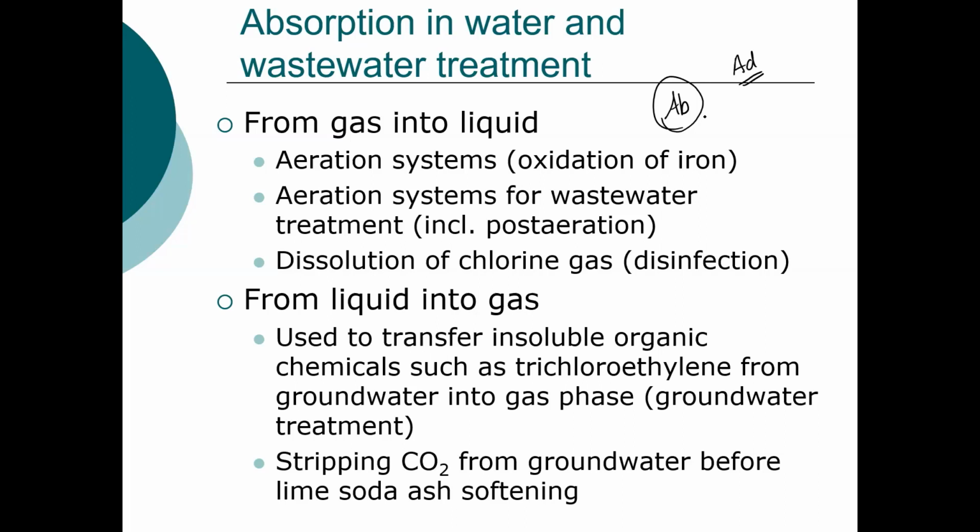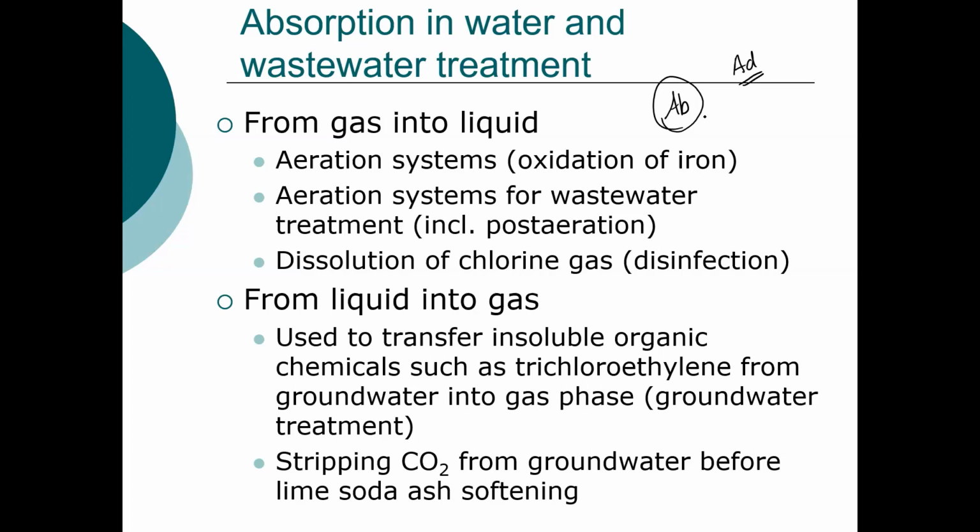Now we can also transfer a chemical from the liquid to the air. So for instance, in a hazardous waste site remediation, we may have groundwater that's contaminated with volatile chemicals like benzene, trichloroethylene, tetrachloroethylene, dry cleaning solvents.